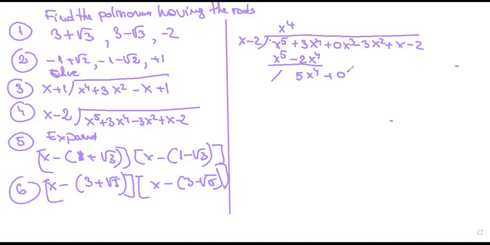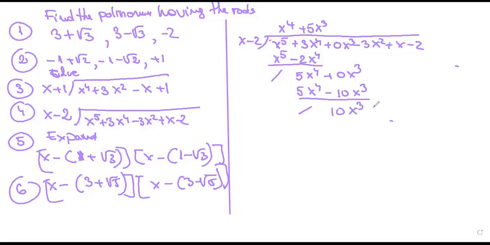The plus 0x to the 3 drops down. 5x to the 4 divided by x is plus 5x to the 3. And then times x is 5x to the 4. 5x to the 3 times minus 2 is minus 10x to the 3. 5x to the 4 cancels out, and then that becomes 10x to the 3.